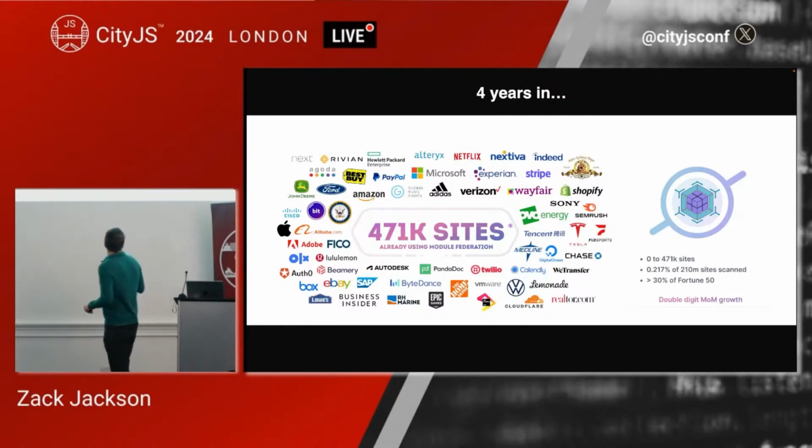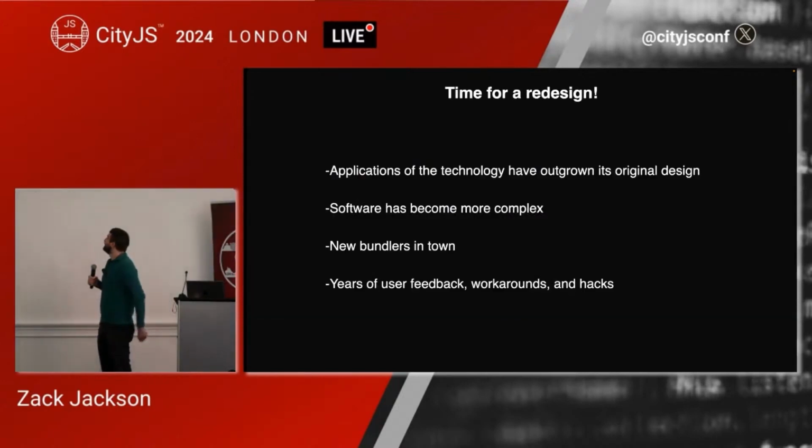What I found quite interesting was 30% of Fortune 50 companies are powered by Federation. I've always been really impressed by that. And we've got almost 500,000 companies or sites that we're tracking that currently implement the technology. So it's grown. But it's also time for a redesign.